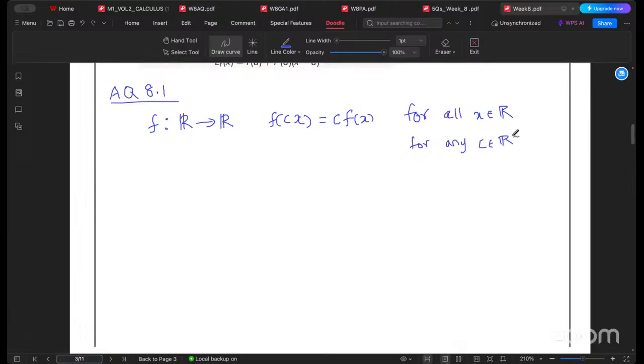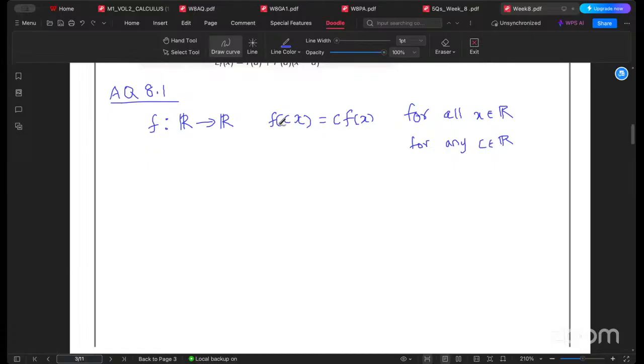So this is the question we are having. Now we want to check whether this satisfies additivity. See, there are problems where you just apply the definition or use the formula, and straight away you get the answer. But this is not such a question. Here you need to do some tricks to get an understanding of what this function is.